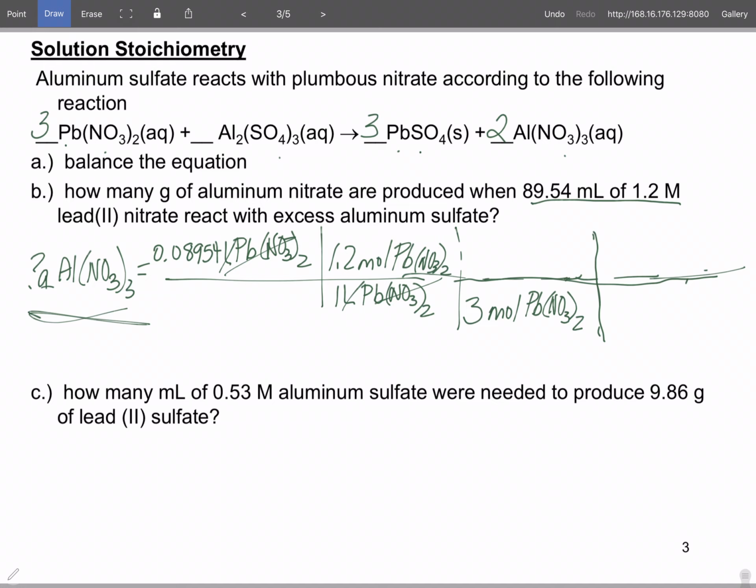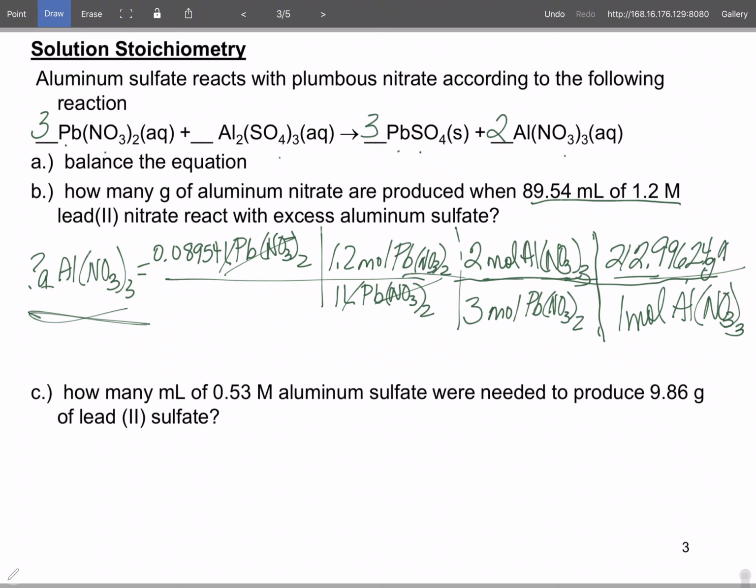So we have 3 moles of lead nitrate, and I'm looking for aluminum nitrate. So that's 2 moles of aluminum nitrate. So 1 mole of aluminum nitrate is equal to 212.99624 grams of aluminum nitrate. When I do the math, everything on top is multiplied, everything on the bottom is divided.